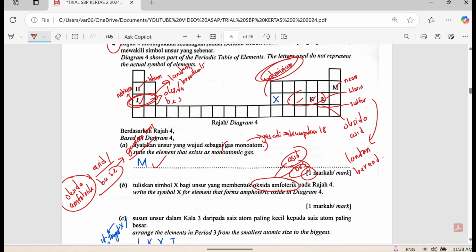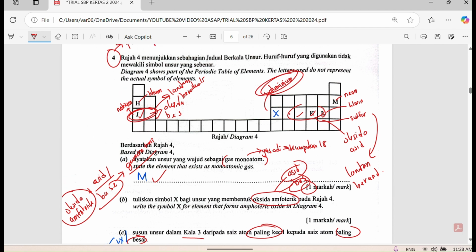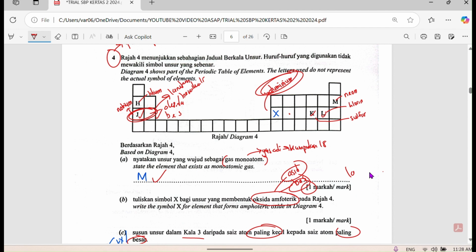Right, next, susun unsur dalam kala 3 daripada saiz atom paling kecil kepada saiz atom paling besar. Okay. Now, let me just erase a few stuffs here so that I'll have enough space to draw and show you guys.